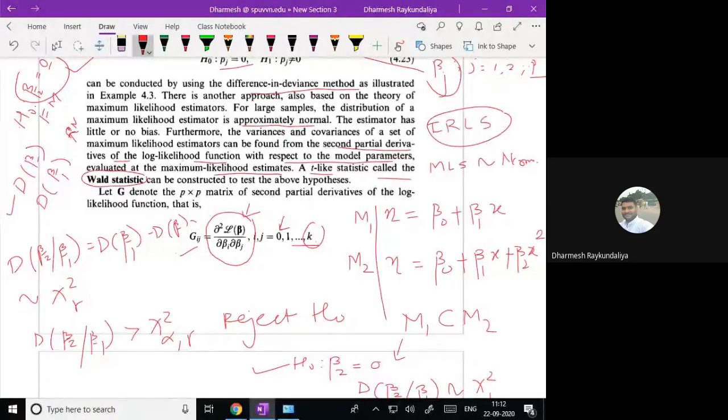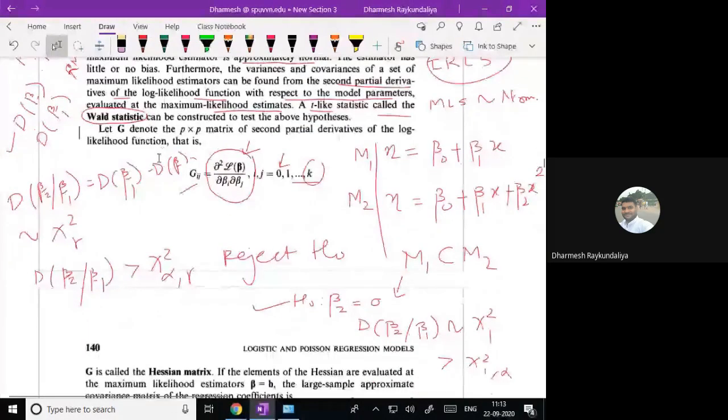But when we approach through the log likelihood, we consider sigma square equal to 1. It means sigma is known, so the ratio of the estimate divided by the corresponding standard error is the z statistic, which has a normal(0, 1) distribution.